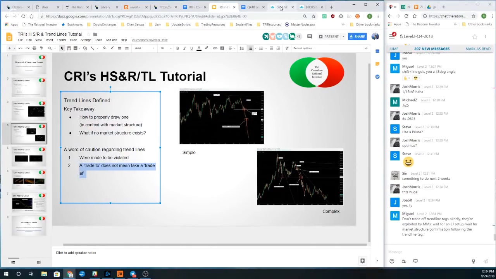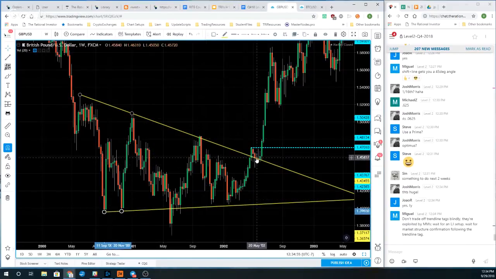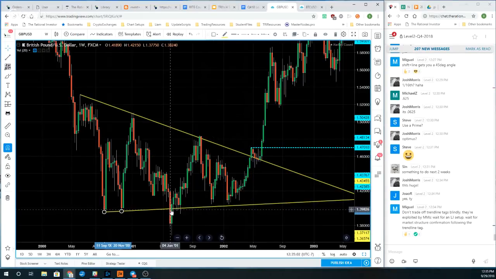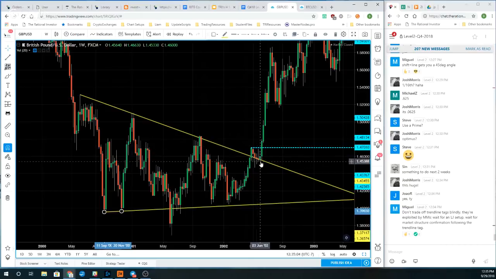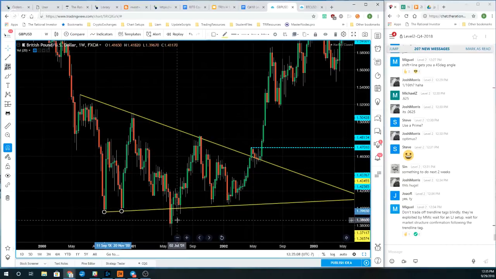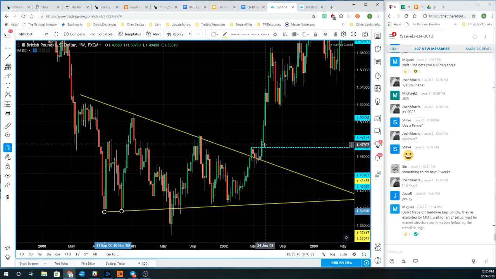Yes, you should expect the trend line to be tested. Perfectly valid, but it doesn't mean that you trade at the trend line, or you will get run over sometimes. The rule is you trade the market structure signal following the trend line resolution.